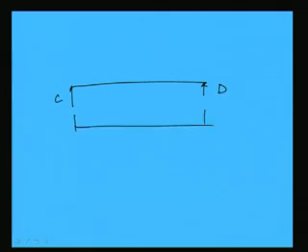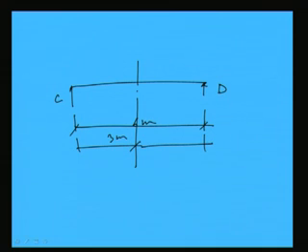So, let me draw the picture first, then we will understand. So this is 6 meters. Let us give the points C and D. Say this is the span of the girder. Now, CG distance is here, that means this is 3 meter, this is 3 meter, right.